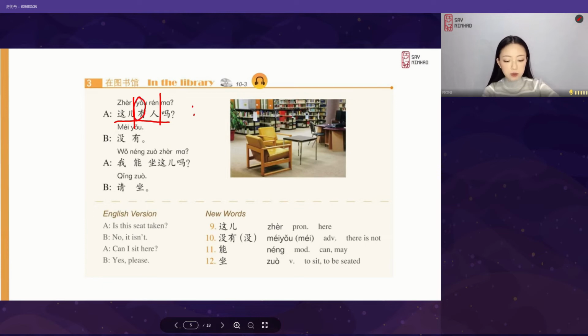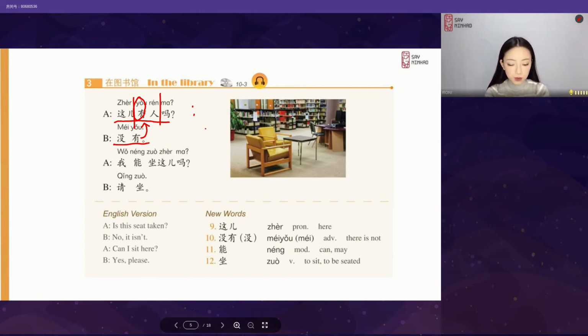有 is expressing the existence of something. And 没有, we just learned, means there is not. It is the negative form of 有. The negative form of 有 is 没有, not 不有.